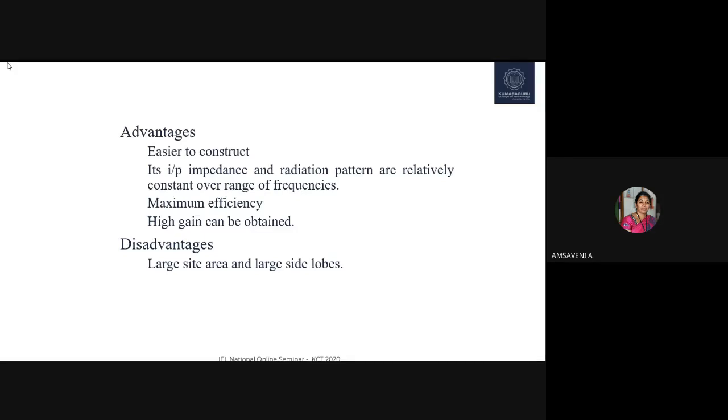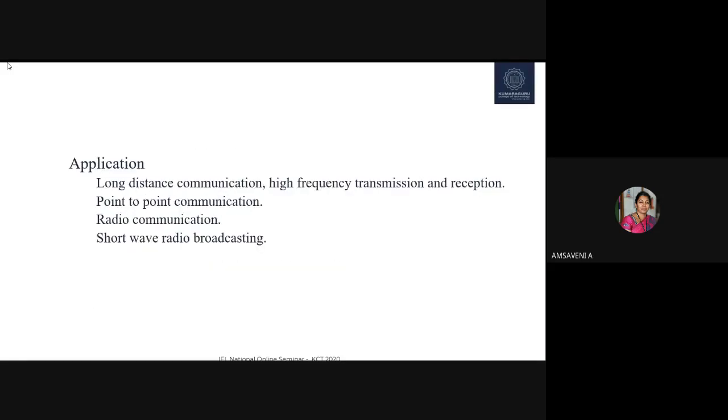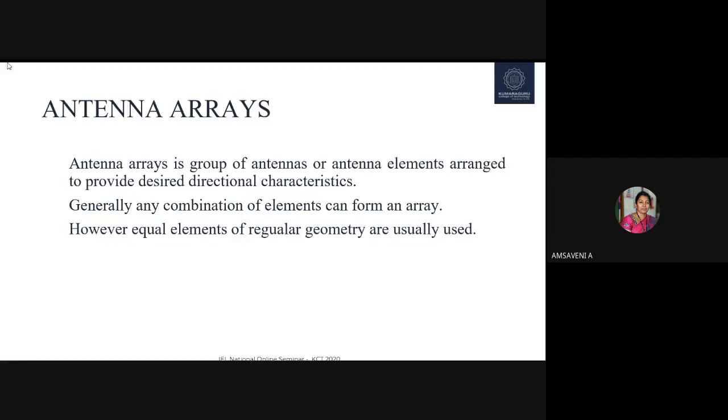But as its size is large, it will occupy more space, so installation is a tough task, and it provides larger side lobes. In the diagram we have 1 major lobe and 4 side lobes. Applications are long distance communication, point to point communication, radio communication, and so on.